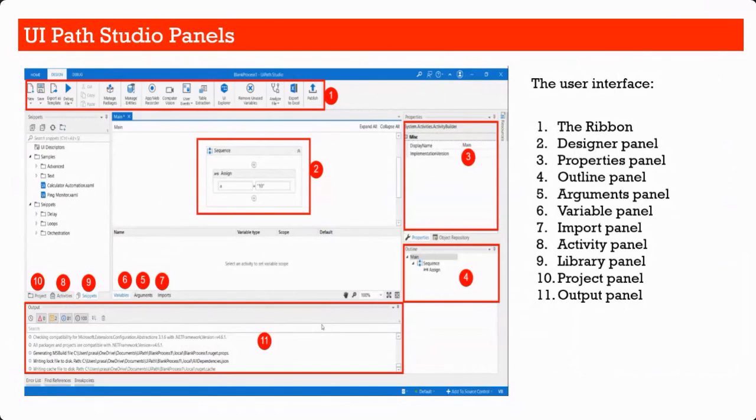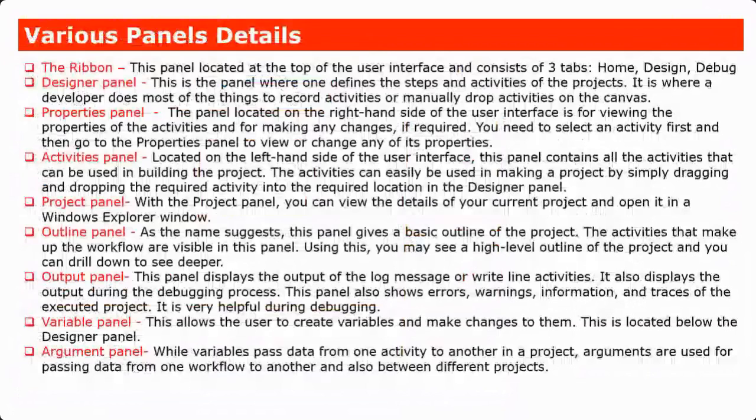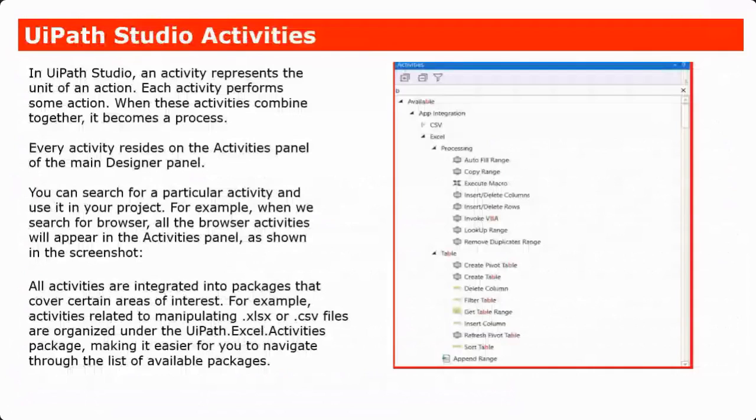Let's now talk about, I have already explained this. So let's talk about activities, what these activities are, right? I have talked about the activities, but not explained how activities work. So in UiPath Studio, an activity represents a unit of action. So when I say unit of action, that means each activity performs some task, right?